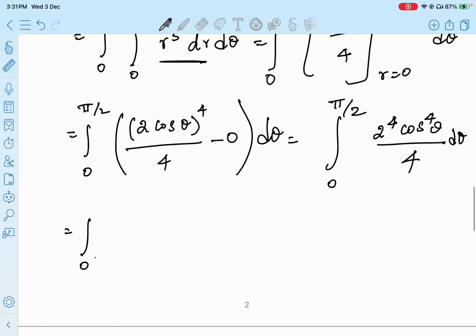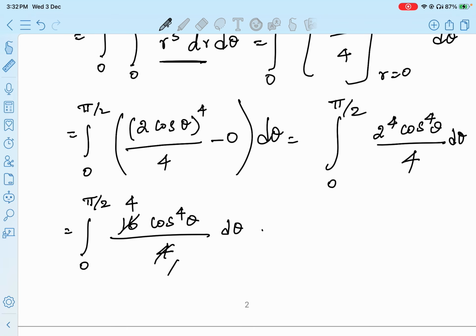Equal to integral 0 to pi by 2 of 2 power 4, which is 2 into 2 into 2 into 2, is 16, cos power 4 theta by 4. So this can be cancelled, d theta.